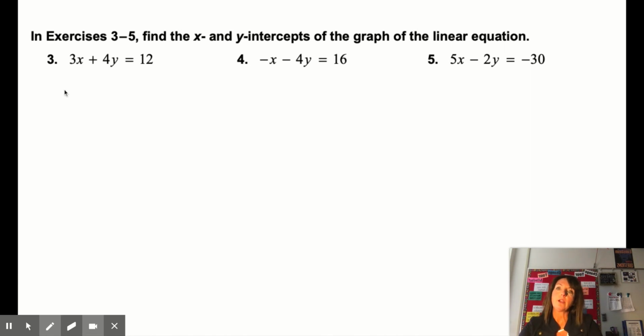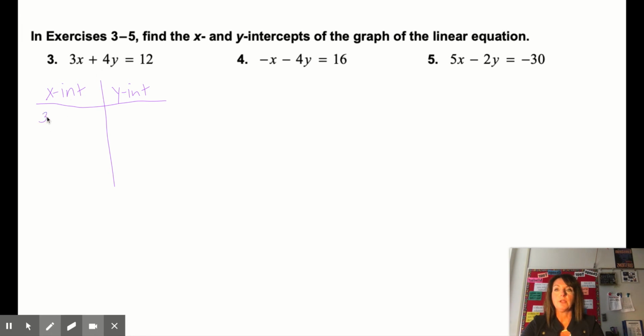So I like to organize my work. I like to write, okay, I have the x-intercept, and I have my y-intercept, like this. You can make a little t-chart. So when you're doing the x-intercept, this y disappears, 4 times 0, right?